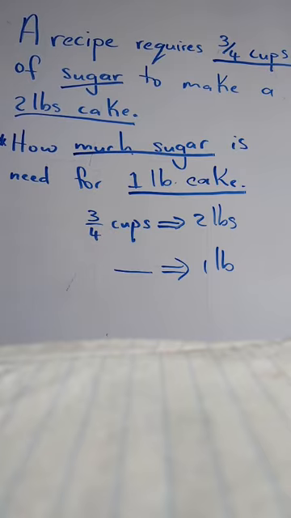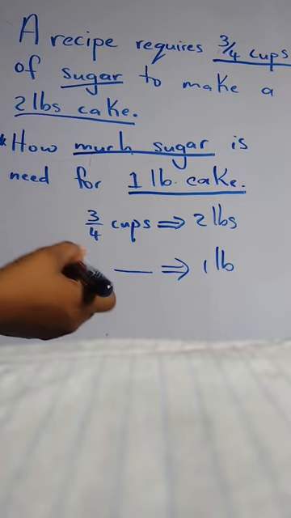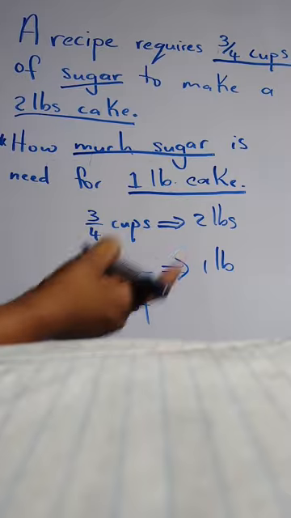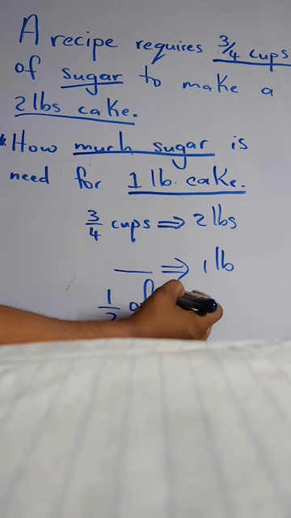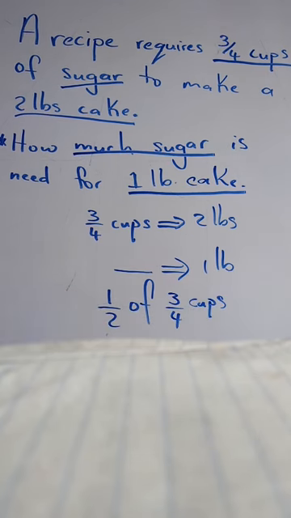If I'm reducing the size of the cake by half, it means I need half of what I was using before. Let's write that down. I need half of the amount of sugar, and the amount of sugar was 3/4 cups. So now I need half of that amount.